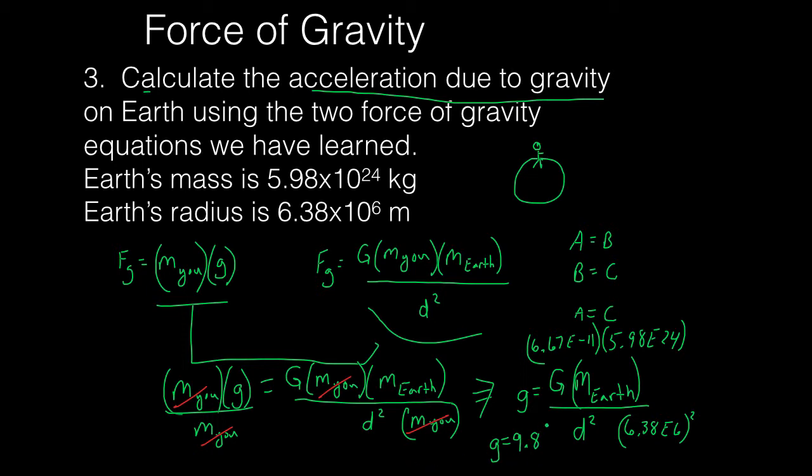So again, we just reinforced this idea that the acceleration due to gravity is equal to 9.8, and if we put the units on there, it would be meters per second squared. Anyway, an interesting calculation to show how you can find the acceleration due to gravity, and you can do this on any planet or any place in the universe, and it would work.